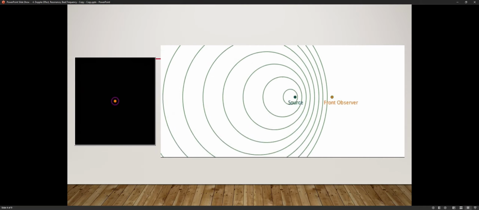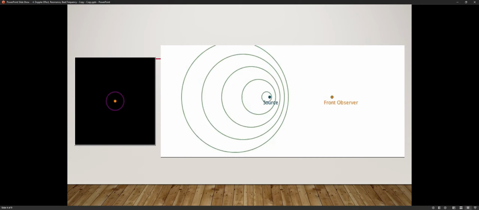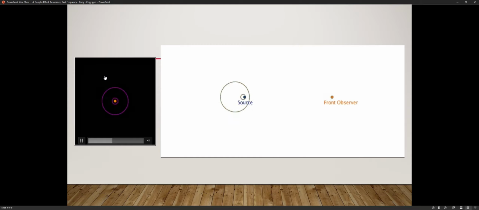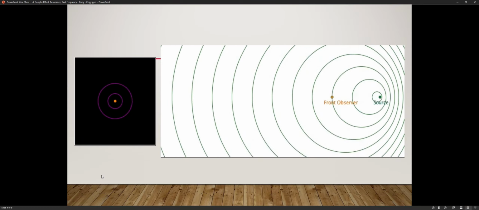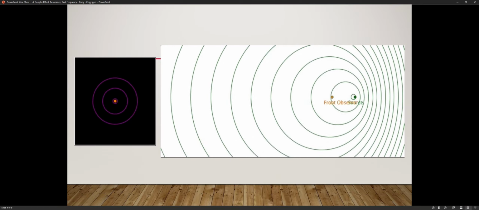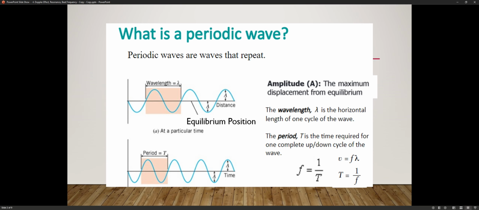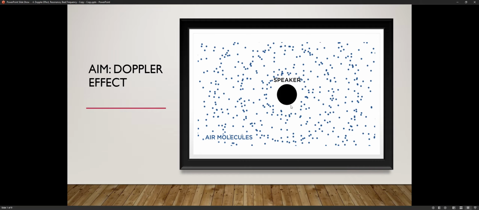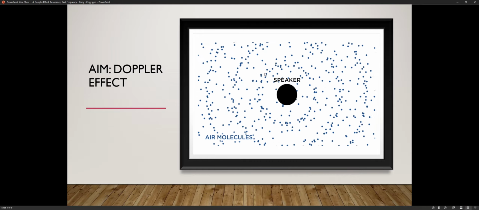So the left GIF is more of a 2D view of what is occurring with a sound wave. And so the purple lines represent where there's a compression, right? Remember, in a sound wave, in a longitudinal wave, there's a compression of sound waves. So if you don't know what I mean, it's where these air molecules are bunching up. That's compression.